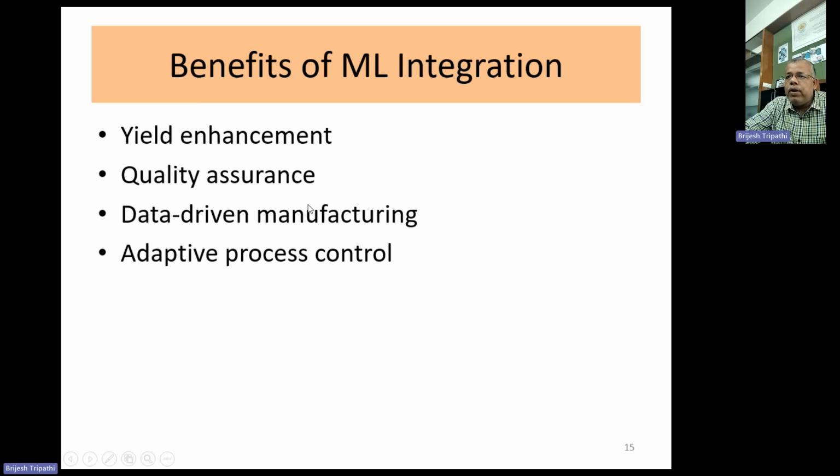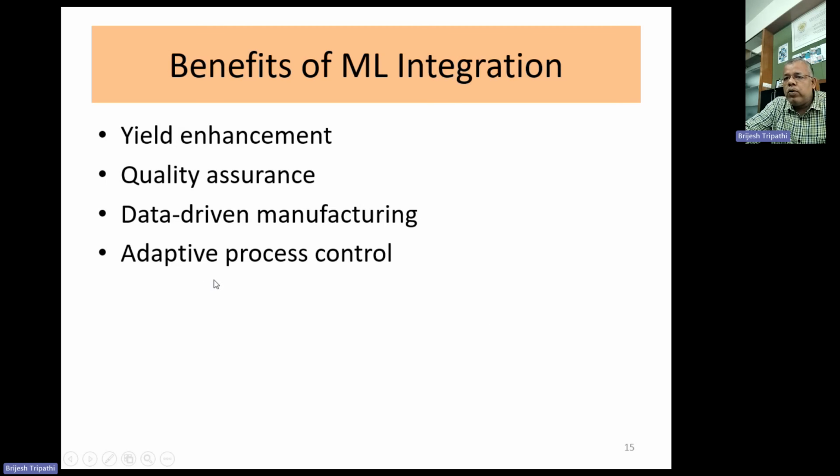There are many benefits of machine learning integration with the production line equipments. It can improve the yield, it can assure the quality of final production. Then data-driven manufacturing may be quite beneficial for achieving superior performance and yield of the overall production line.